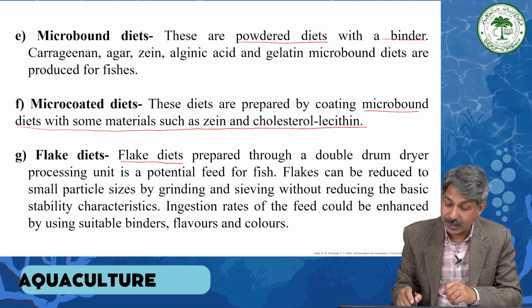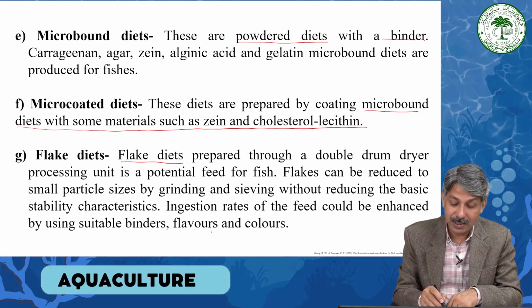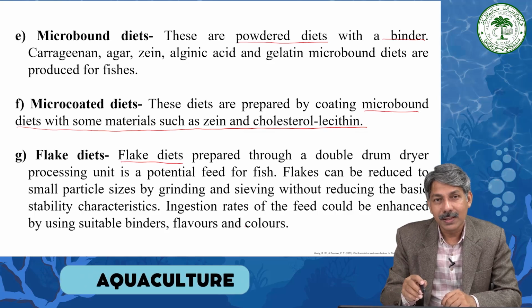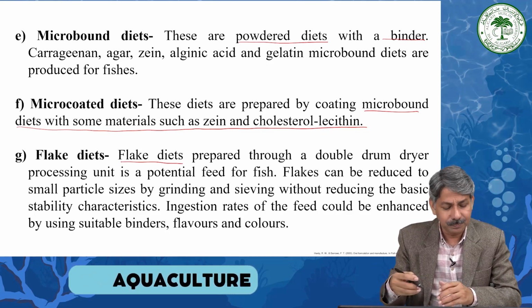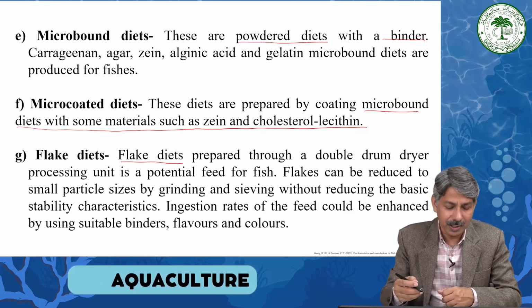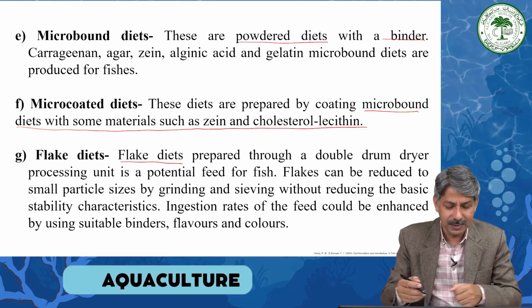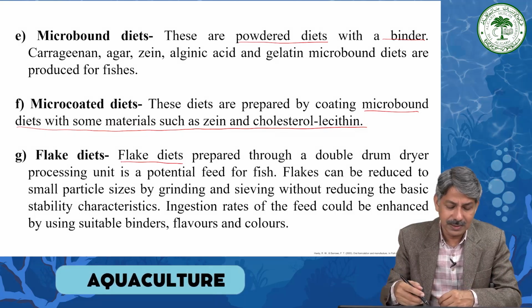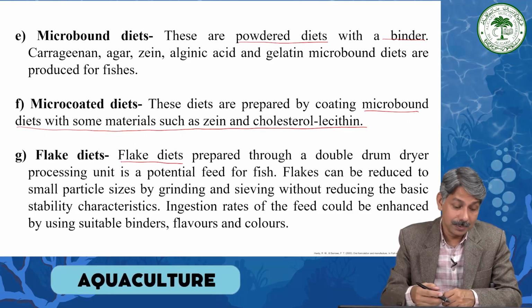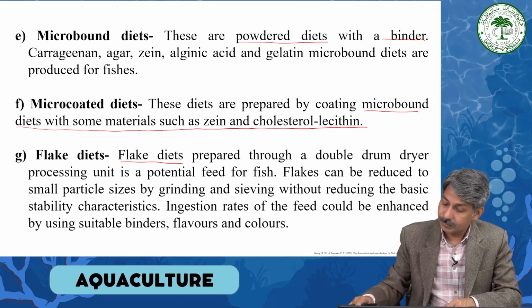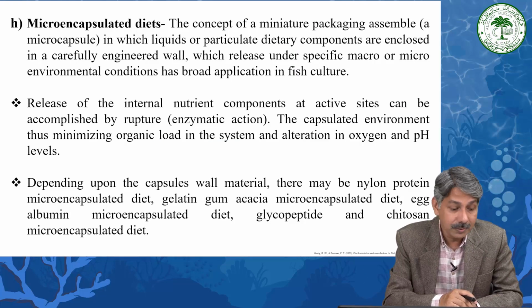Ingestion rates of the feed could be enhanced by using suitable binders, flavors and colors. Then as a kind of top dressing, you can use something in order to enhance the quality of that flake diet. So that is also a very good option.